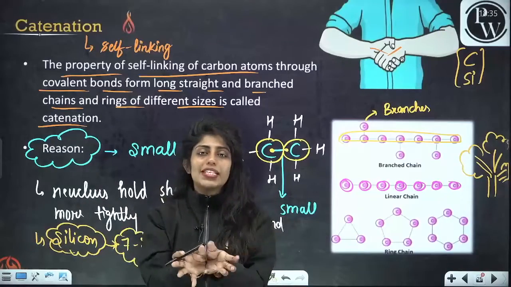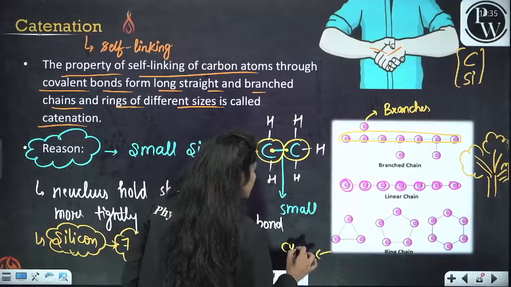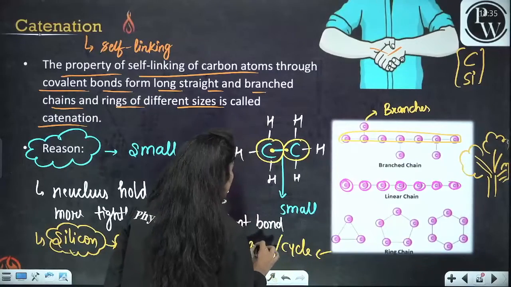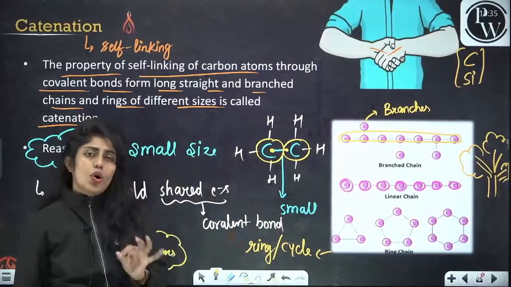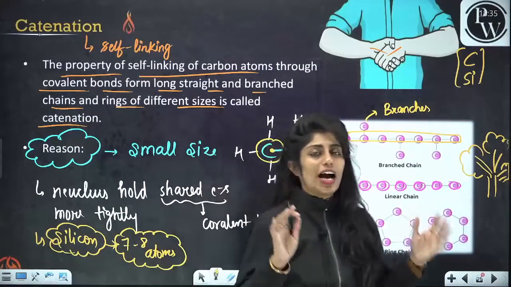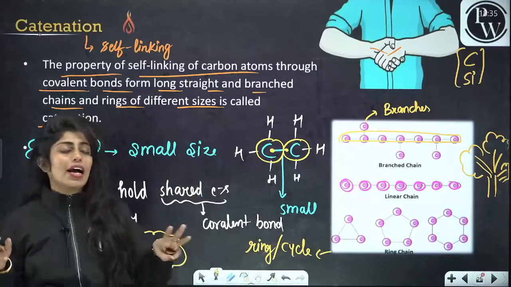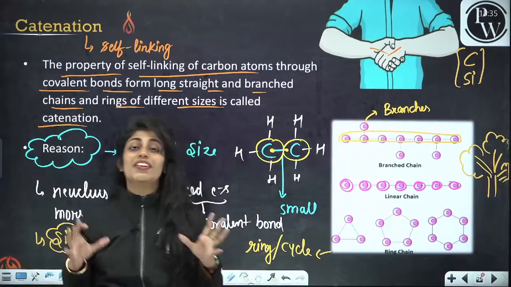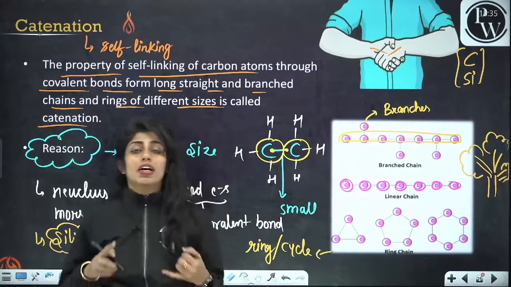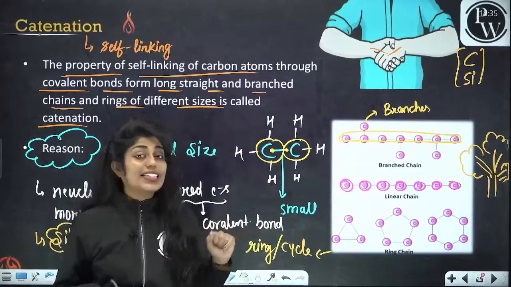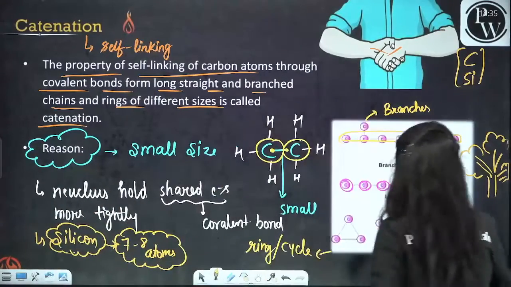So it will form a cycle or a ring. The smallest ring a carbon can form uses the union of 3 carbons, 1, 2, 3, and it will be a trigonal ring. Then we have the pentagonal ring. You can also have hexagonal, octagonal, and so on. Okay, we do these structures in maths also.